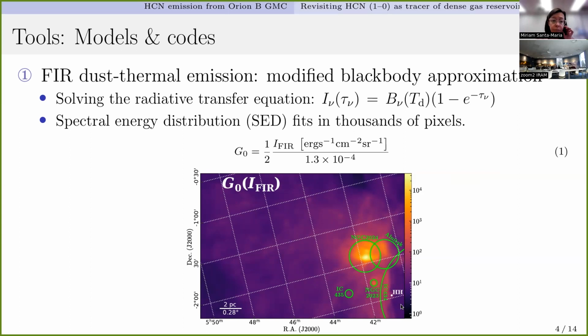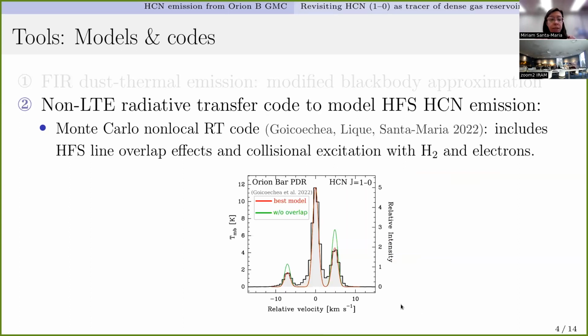Other tools or models that we used was the non-LTE radiative transfer code to model the hyperfine structure HCN emission. So HCN, instead of having a single line for each rotational line, is split into a hyperfine structure. So it has 3 lines in this case.